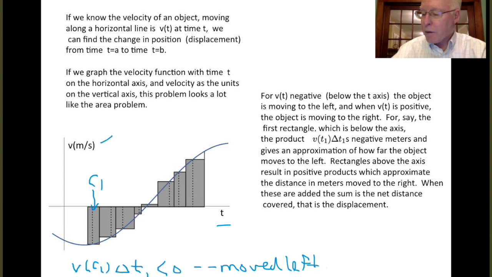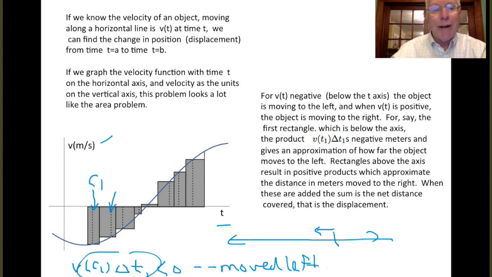A short distance. And so if perhaps here's our axis, and the object started here, this first calculation would say, okay, looks like we've moved a little bit to the left there. The second rectangle also is below the axis, so it'll contribute a negative, and so that'll be a little bit more motion to the left, maybe slightly more because it looks like this rectangle has a larger area than the first one.